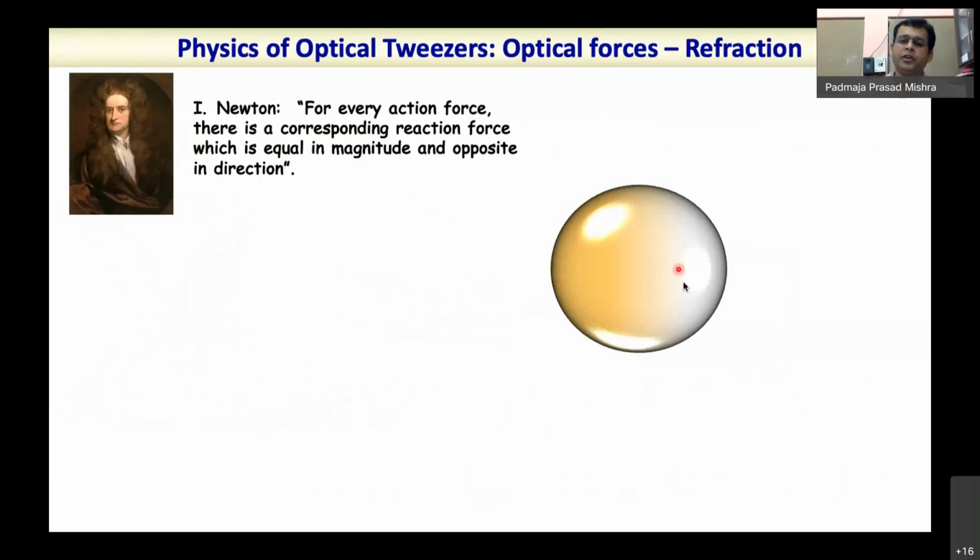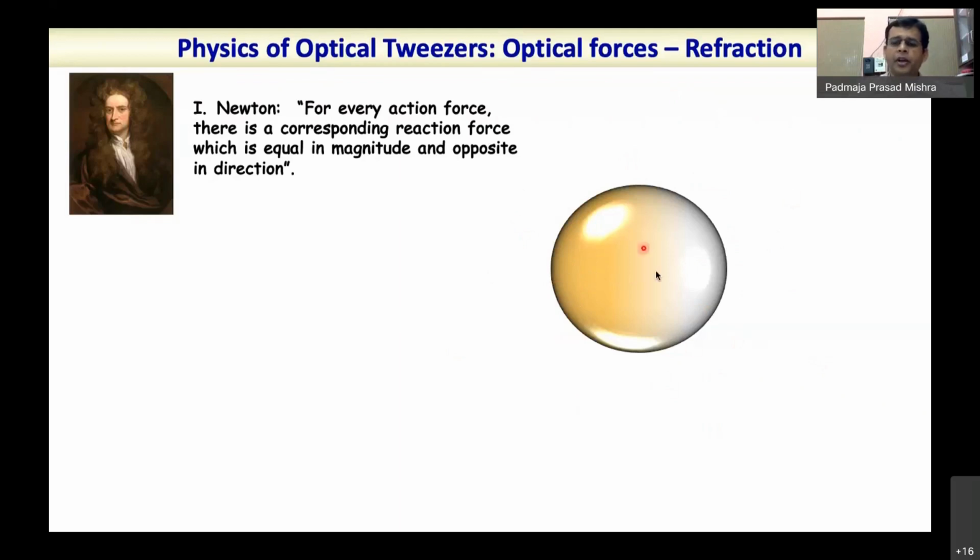Let's say we have the object here. We have a dielectric particle here whose refractive index is higher than the medium around it. Let's say it's in a solvent. If you are talking about a dielectric particle, let's say a polystyrene bead or a glass bead, to make the explanation easier, the refractive index of a polystyrene bead is about 1.55, and if water is around, it is about 1.33.